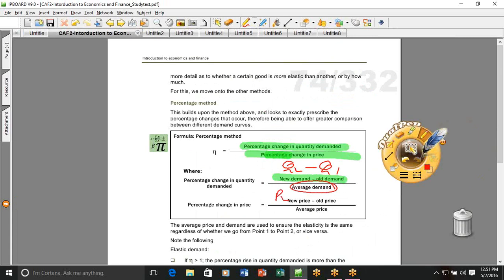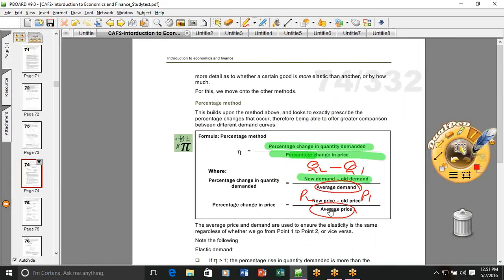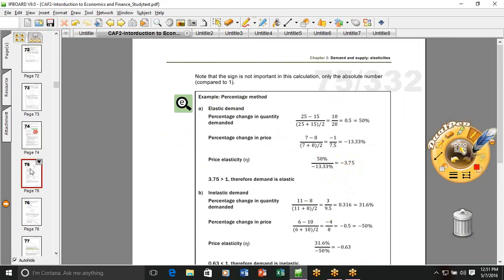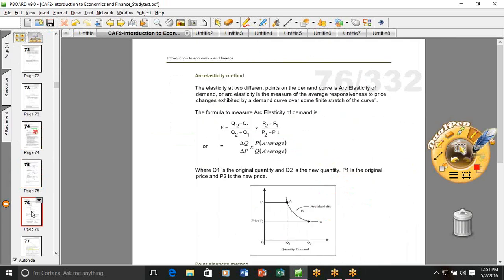Then P2 minus P1 and average. Right? और ये फॉर्मूला है इसके डिवीजन है, ये आर्क और यहाँ तक बस.